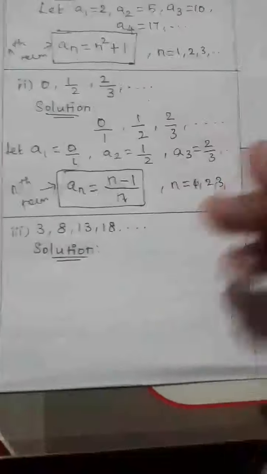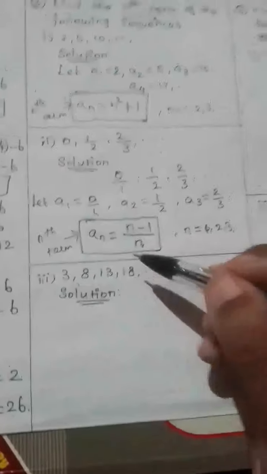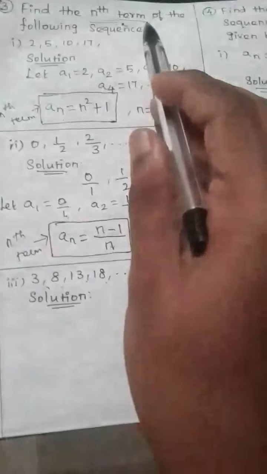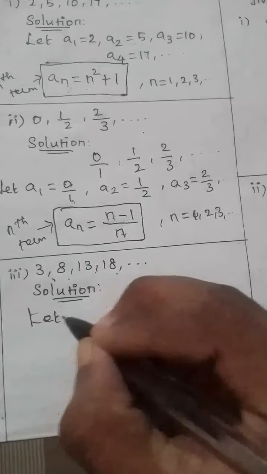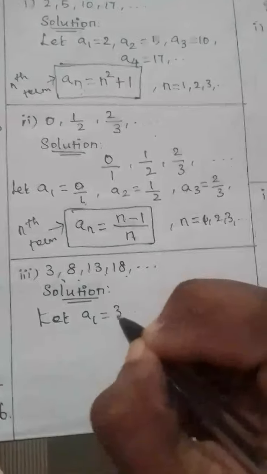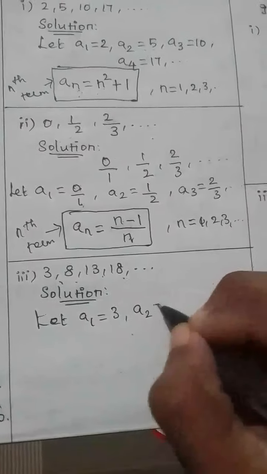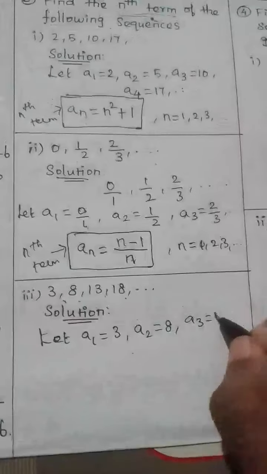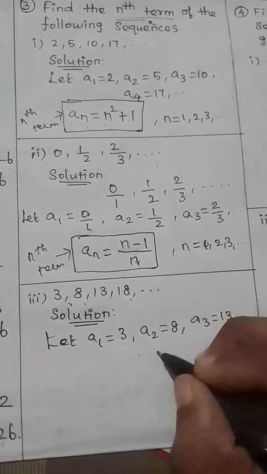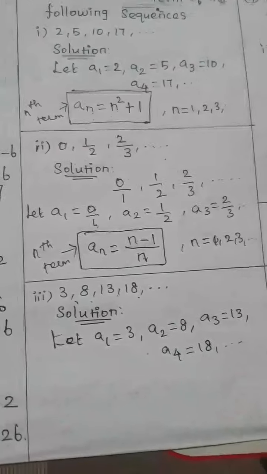Similarly, listen, the third subdivision: 3, 8, 13, 18. We need to find the nth term of the sequence. Let us take a1 equal to 3, the first term, second term a2 equal to 8, third term a3 equal to 13, fourth term a4 equal to 18 and goes on.